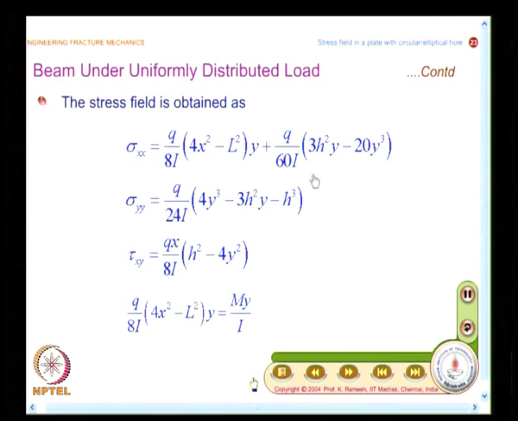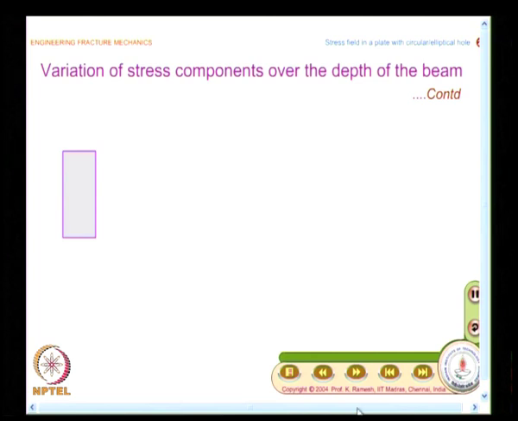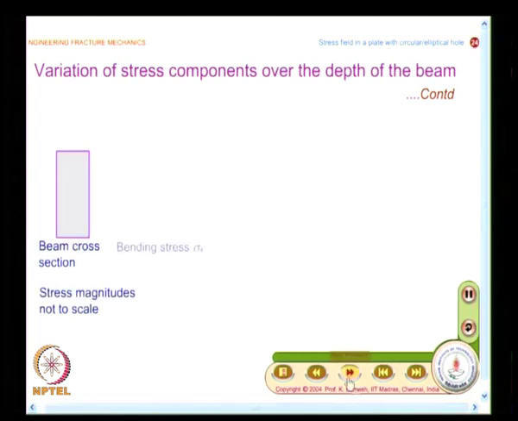You have an additional term for sigma xx and you also have another stress component sigma yy, because to satisfy the equilibrium condition on the top surface, unless you substitute these quantities however small, it will not go to 0, and this is pictorially represented in this slide.